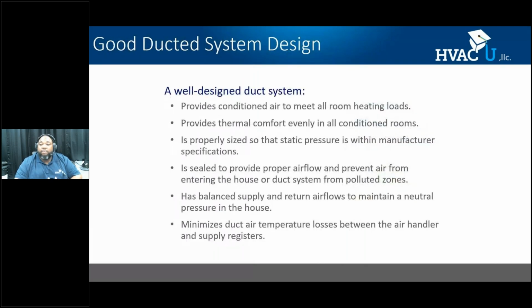So the goal of a well-designed duct system: it provides conditioned air to meet all the rooms' heating and cooling loads. It provides thermal comfort evenly in all conditioned rooms. You want to make sure it's properly sized so that the static pressure is within manufacturer specifications. You want to verify that the ductwork is sealed so that we get the air to the proper place that it needs to be.